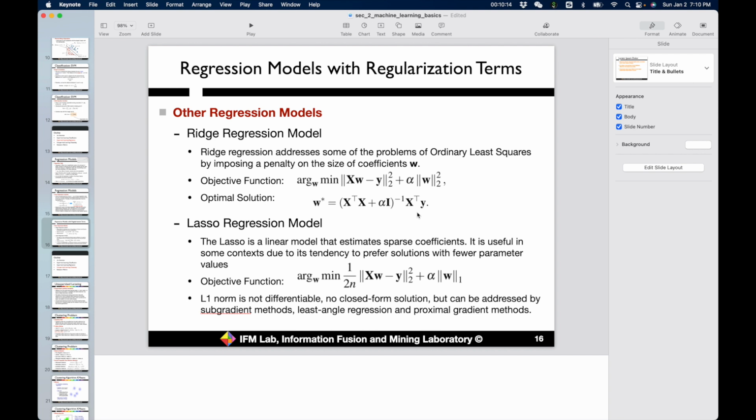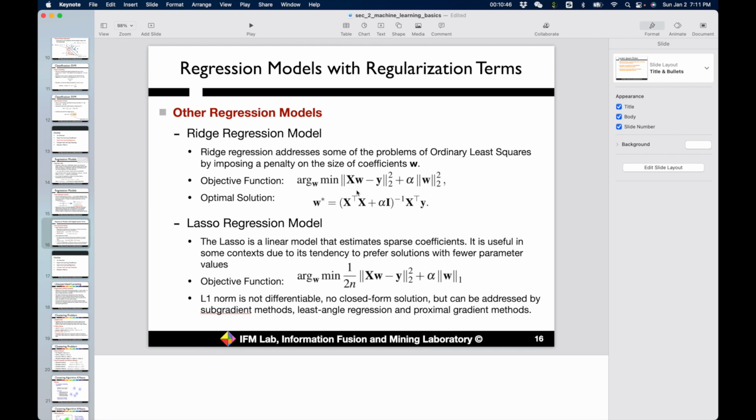Okay, besides the ridge regression, another regression model which is also widely used in machine learning is called Lasso. Lasso is also a linear model which estimates sparse coefficients. It is very useful in some contexts due to its tendency to prefer solutions with fewer parameter values. So for the Lasso regression, the objective function is very similar to linear regression as well as ridge regression.